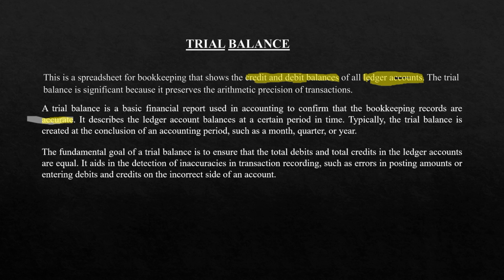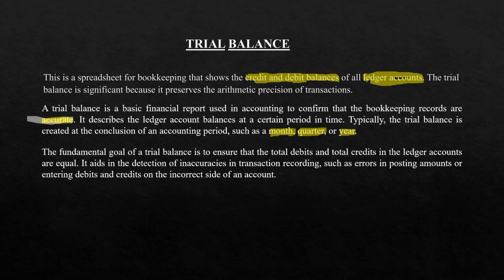Typically, the trial balance is created at the conclusion of an accounting period, such as a month, quarter, or year. So when do business owners or management prepare a trial balance? It can be a month, or half a year, or quarterly, after 3 months, or a year.